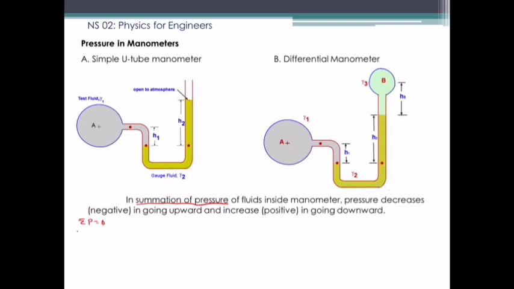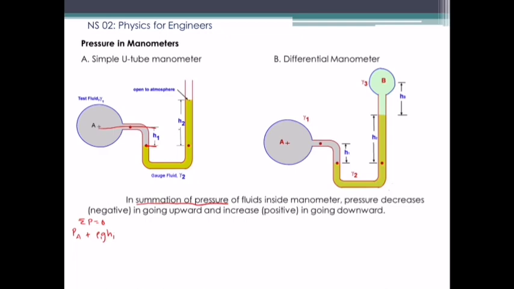Start at a certain point, point A, so pressure at point A, and then we have this fluid at point A, the gray part up to here. Its elevation from here to here is H1. You go down, so the pressure increases, so positive. In your equation, class, that is positive rho GH, for rho 1 and H1.